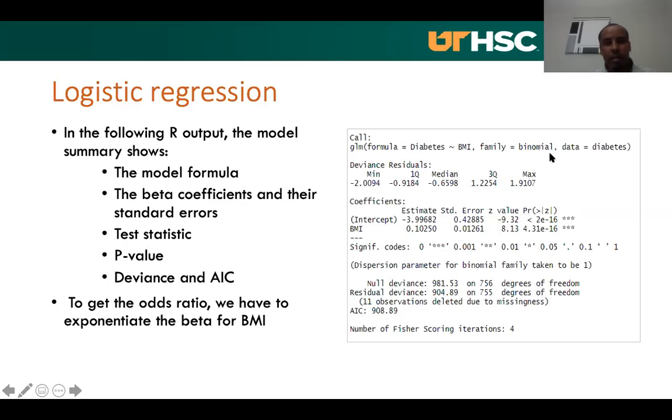Binomial distribution stands for the binary outcome kind of distribution. It comes from the Bernoulli distribution. And the data that's used is diabetes.